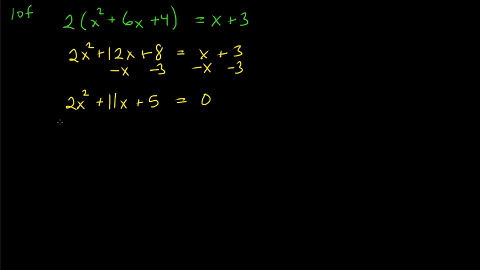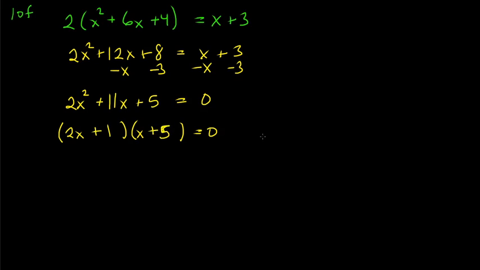Okay, so this is again an AC method, although I'm going to do this rather quickly. So let me give you a little bit of time here to factor 2x squared plus 11x plus 5. Yep, it's just going to be 2x plus 1 times x plus 5.